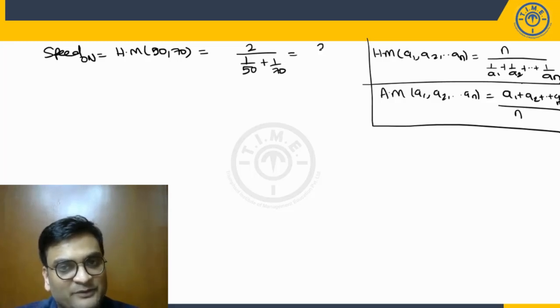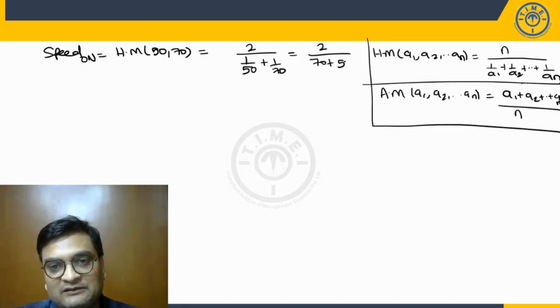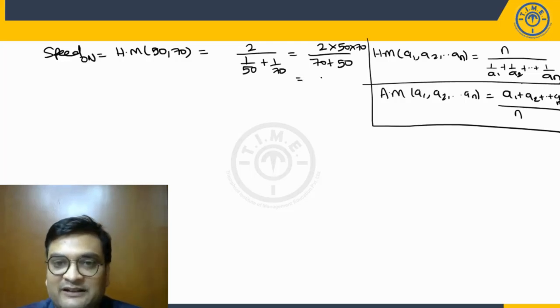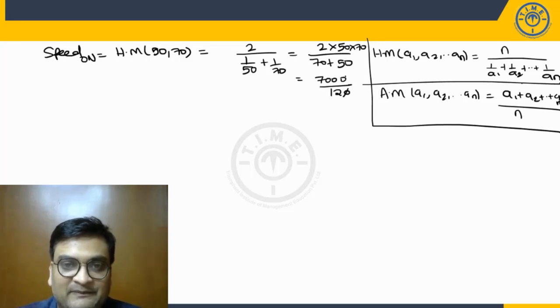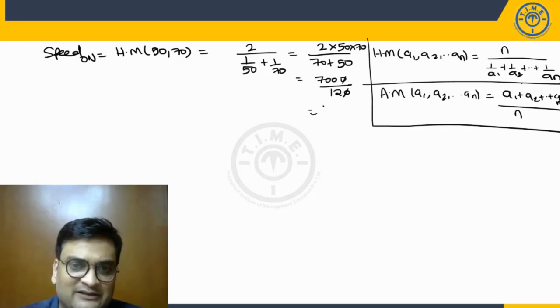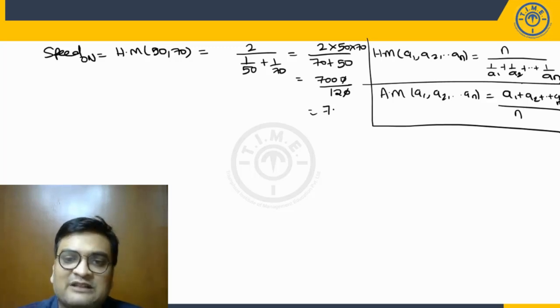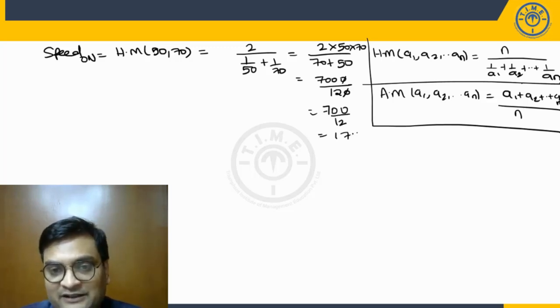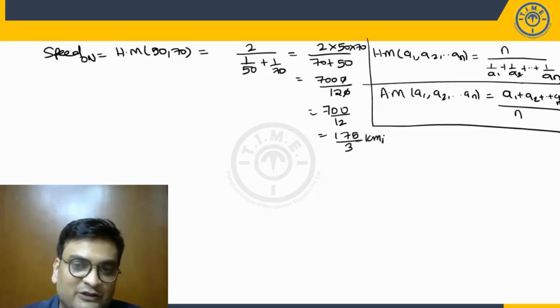Taking the LCM, it's 2 into 50 into 70 divided by 70 plus 50, which is 7000 by 120, so 700 by 12, which simplifies to 175 by 3 kilometers per hour. This is the speed for the onward journey.